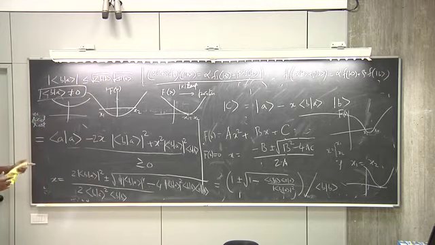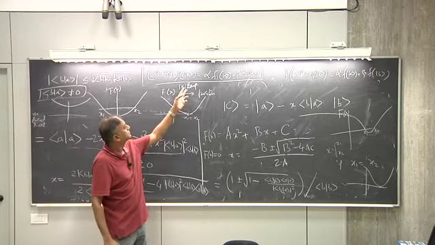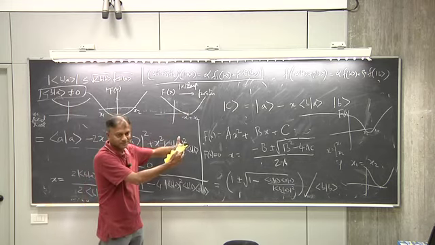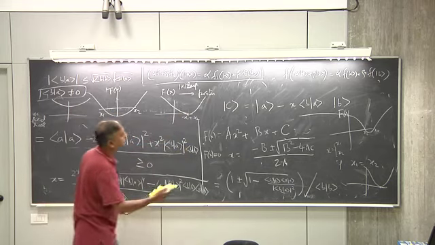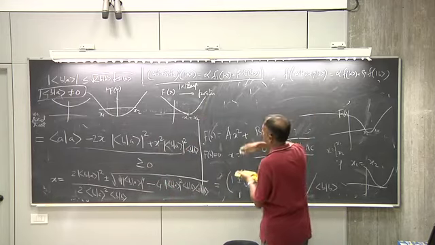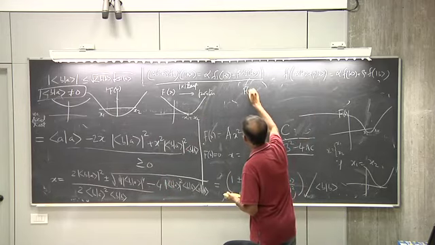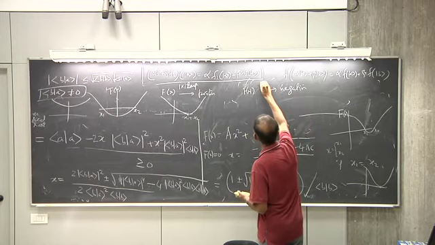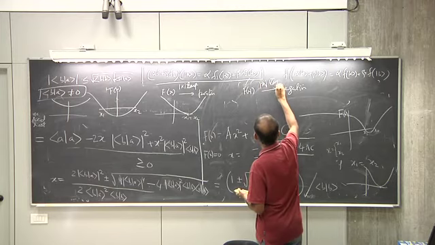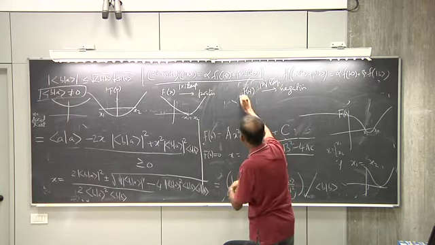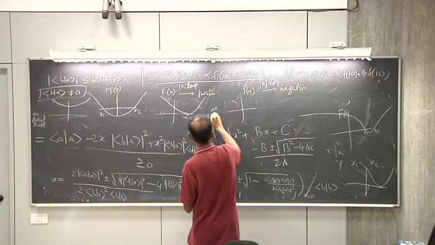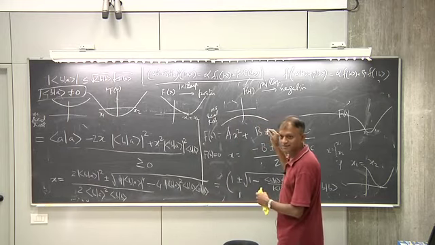But what if it was the other way around? Suppose f of x was negative for large x. Then the picture would be exactly inverted, right? So if there is no real root, it will always be negative.